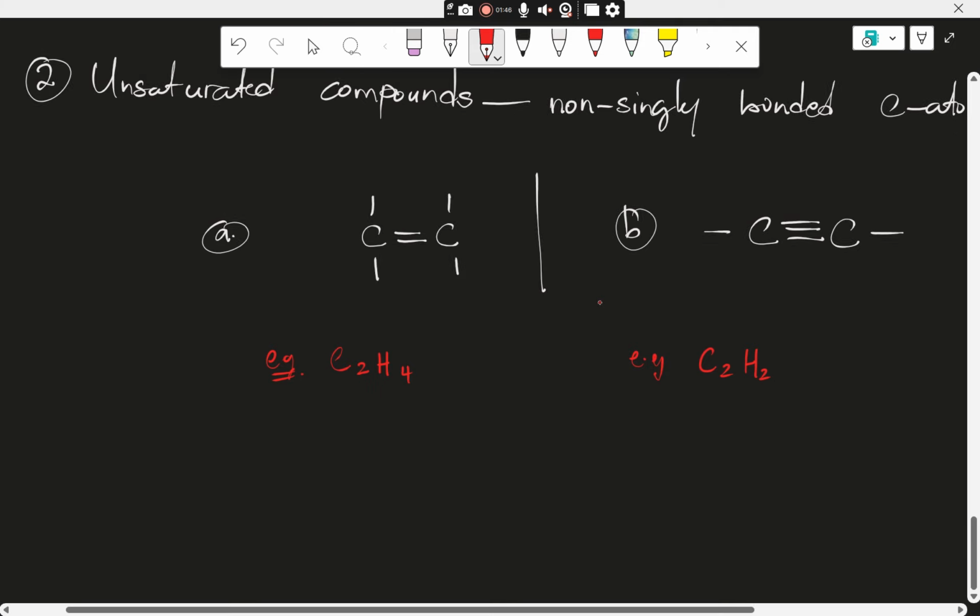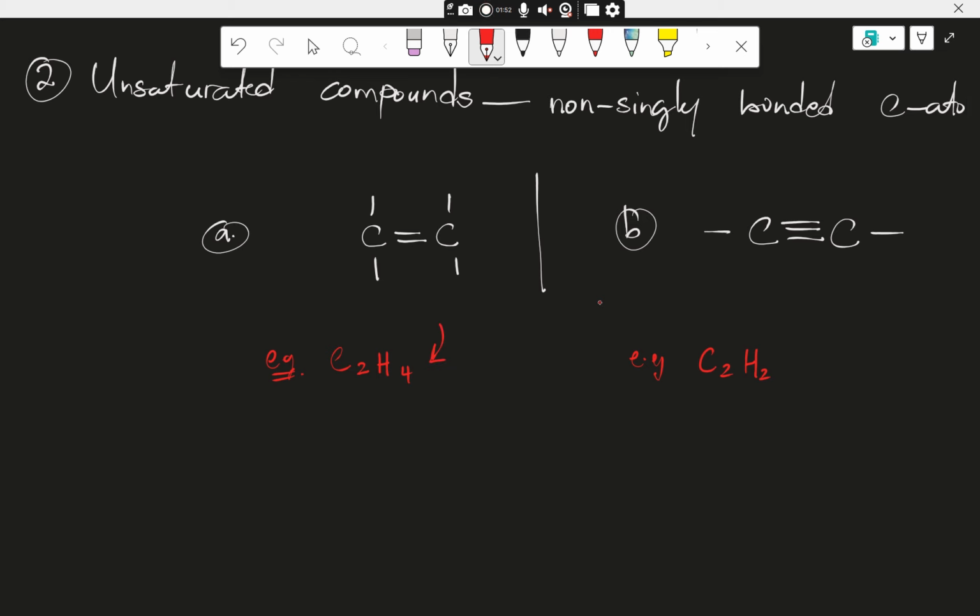When you try to write the chemical formula, it will look something like this, in the context of hydrocarbons. You just have H here, H here, H here, H here, and then you have C2H4. Last time with C2 it was H6, and now we're at H4. So we're missing two because now you have double bonds there.